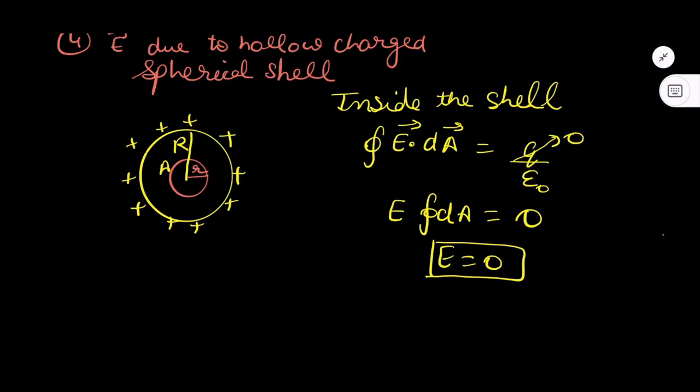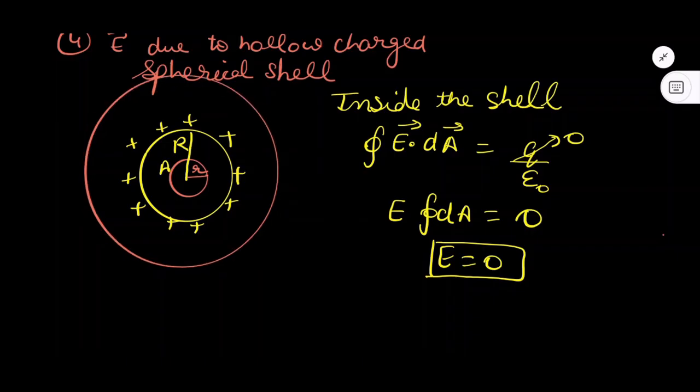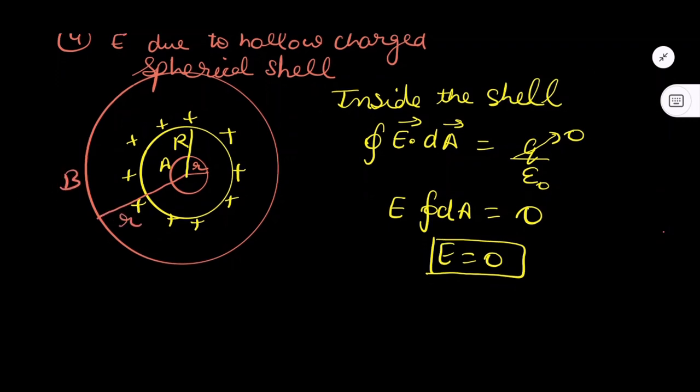Now for outside the shell, let me draw another Gaussian sphere outside the shell. Again let's consider its radius to be r, and let it be sphere B, right?